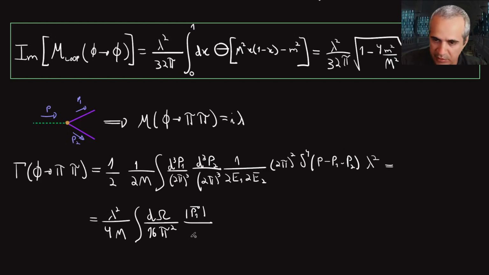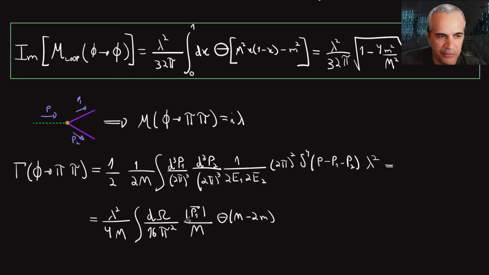So this is over M theta of M minus 2m. And this comes from, again, looking at where you have support for this Dirac delta. You have to have conservation of momentum in order for the decay to happen, and that appears in that form here.